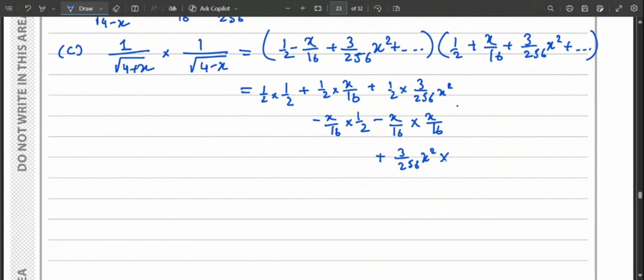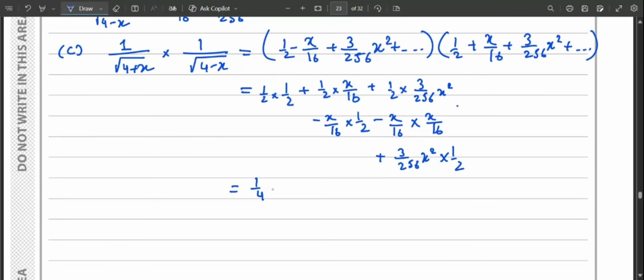So now simplifying this will give us half into half is 1 by 4, and then half into x by 16 is x by 32, and then minus x by 16 into half would be equal to minus x by 32. Then we have half into 3 by 256 x square.